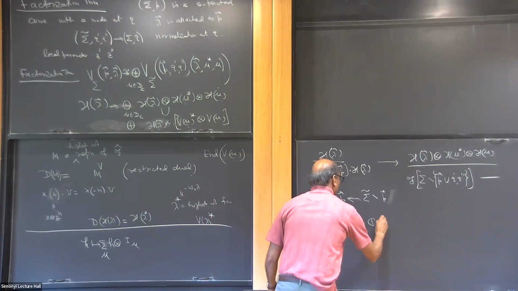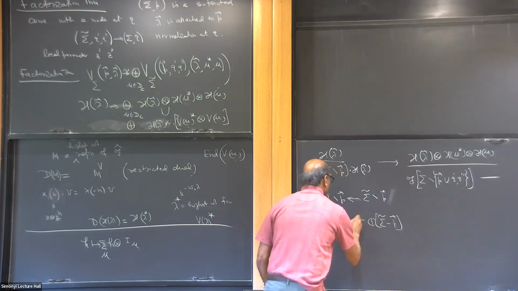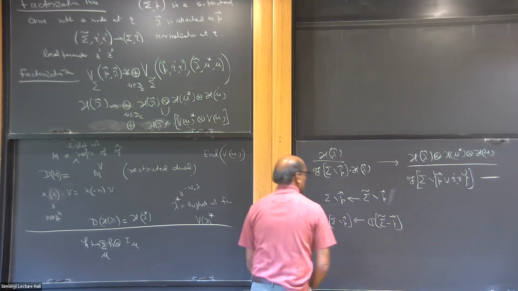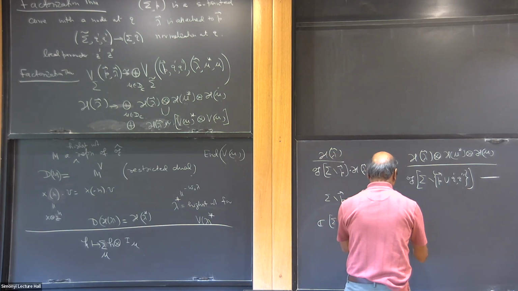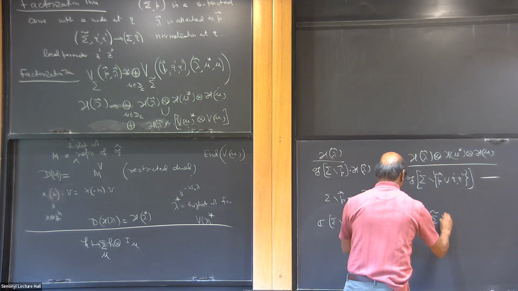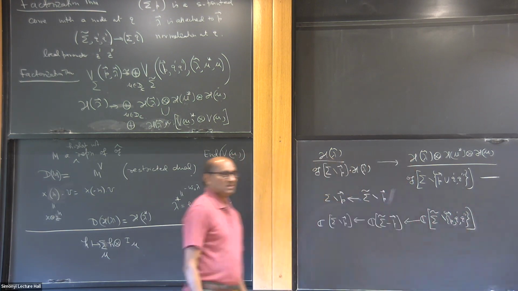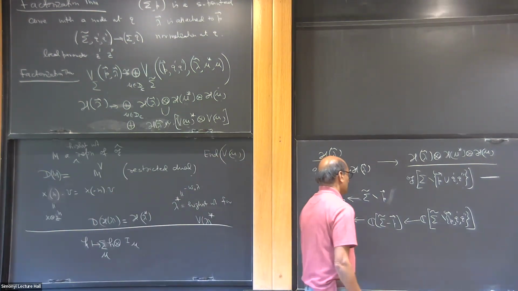So this gives me a map C sigma twiddle minus P to C sigma minus P. Okay, but then there is a map this way, just the restriction map.